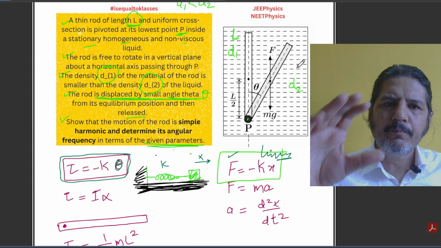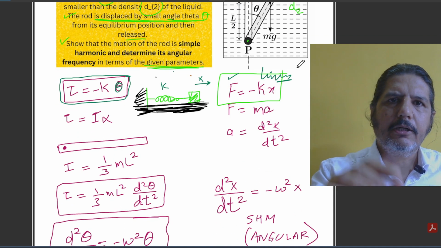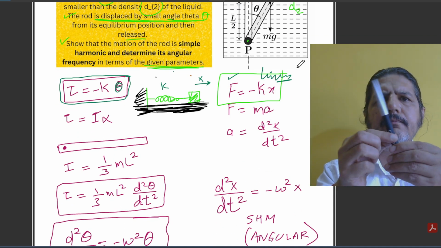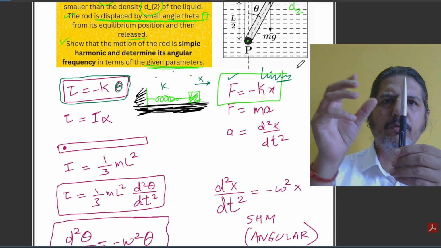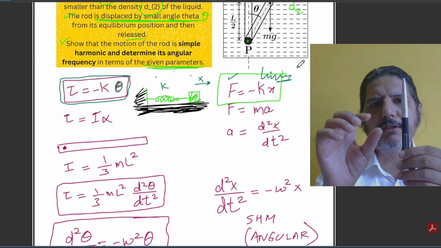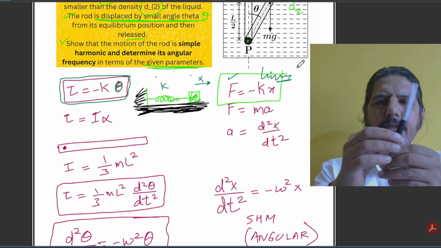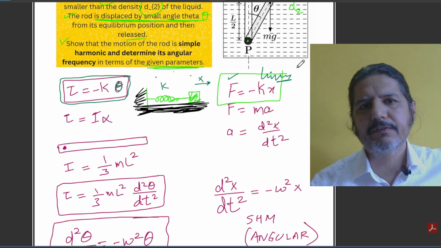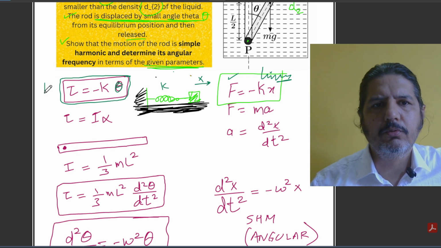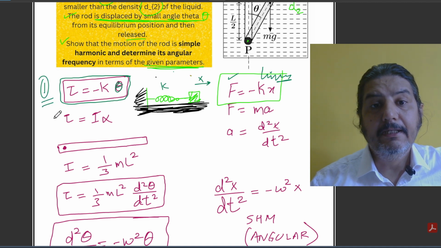If I'm able to prove that the restoring torque for the system can be put in the form of minus k theta, then I have shown that this is a SHM. So this is the first thing that I want to discuss.